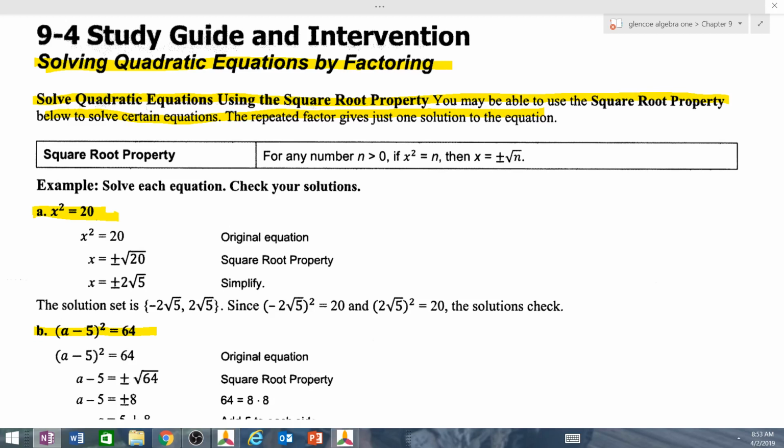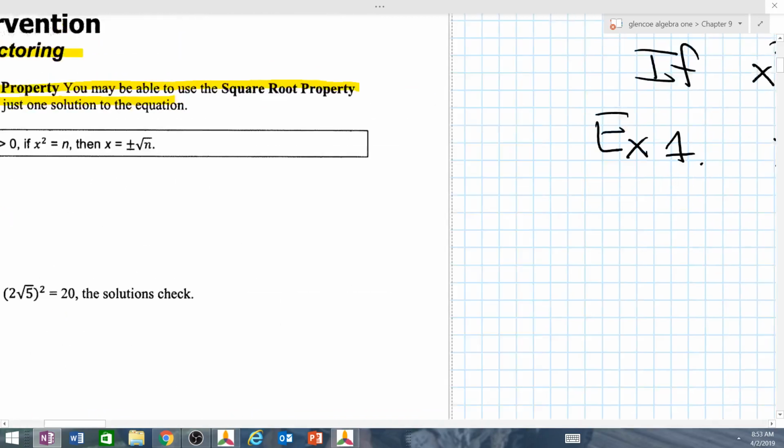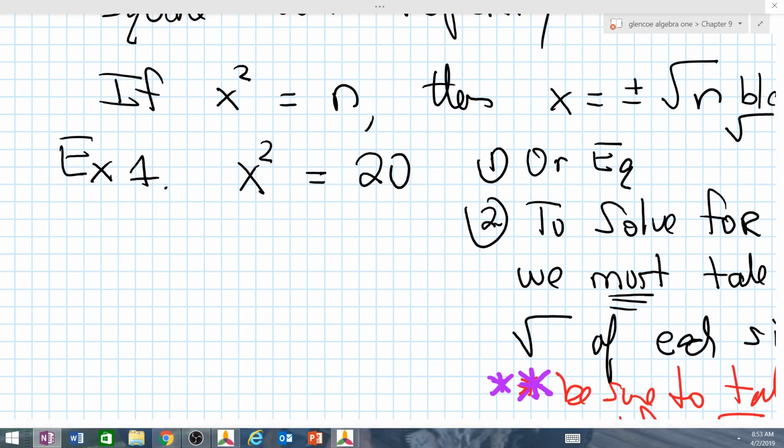Now we need to remember that when we're dealing with radicals, we're going to carry over everything we learned last week when we're simplifying radicals, that we're not just going to plug it in as the square root of 20 and type that into our calculator and get a number and round it to 2 decimal places. But we're going to provide the most accurate answer. So let's go ahead and just do this problem for you.